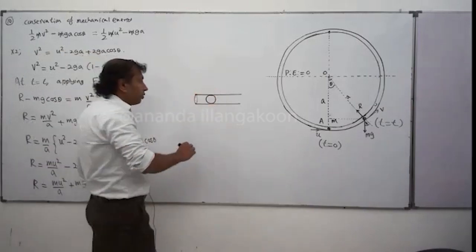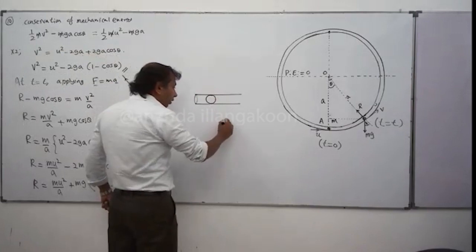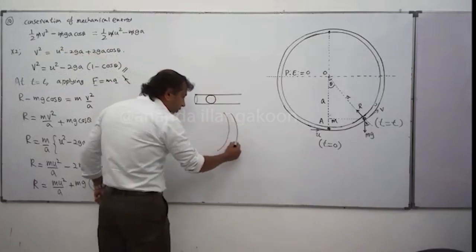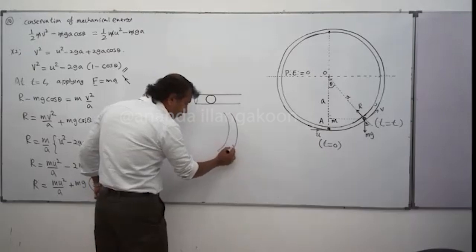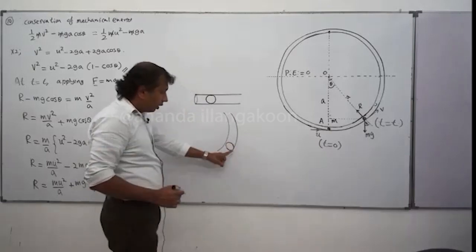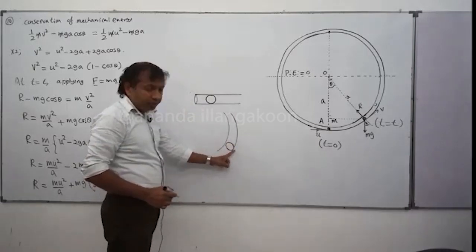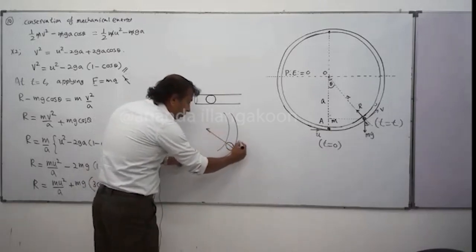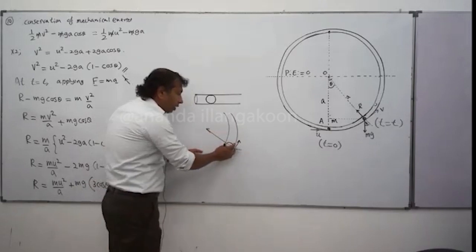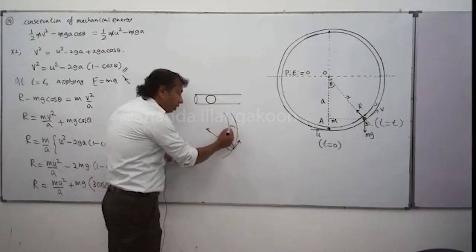If this is the circular tube, this is the outer surface, and the normal reaction comes here. Once the particle moves this way, on one occasion the particle will make contact with the inner surface like this, and then the normal reaction points away from the center.